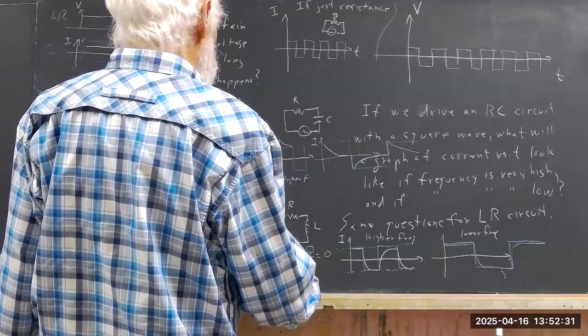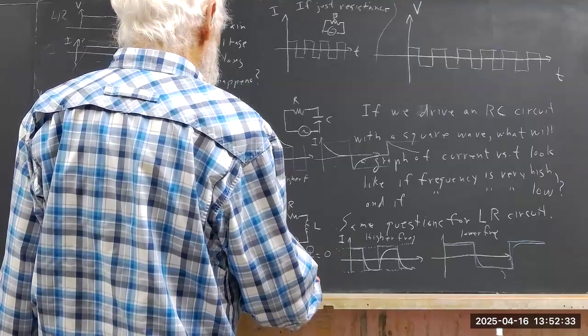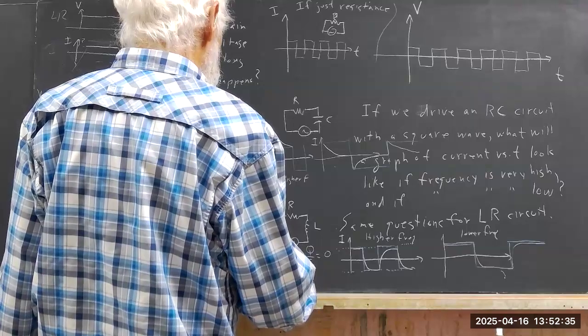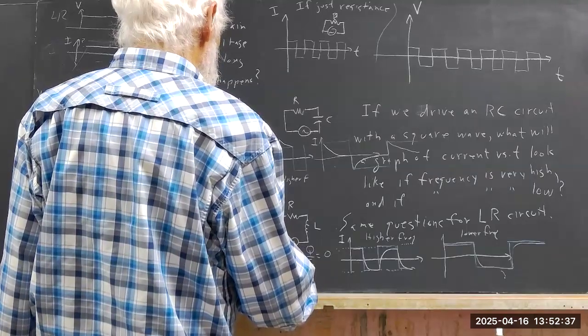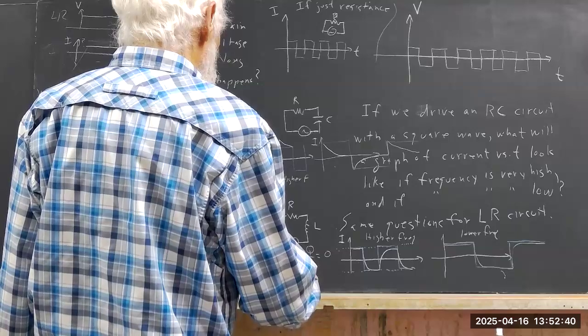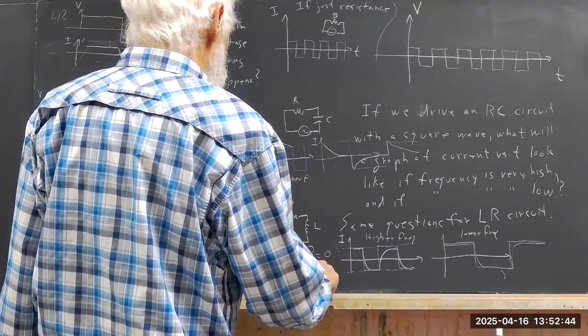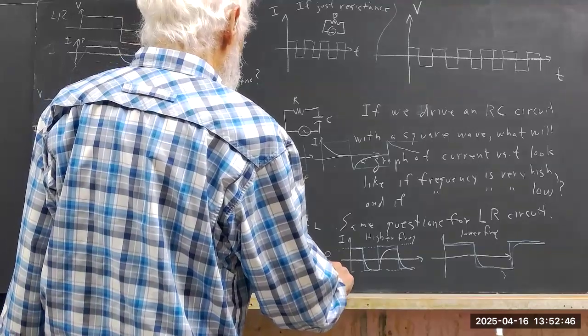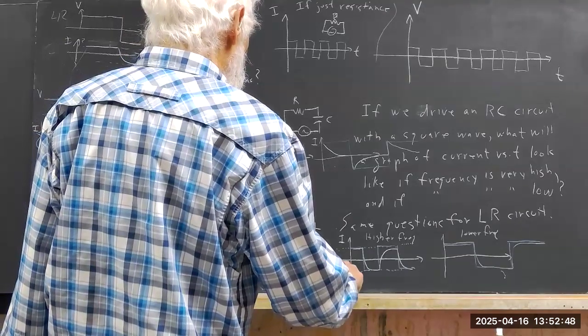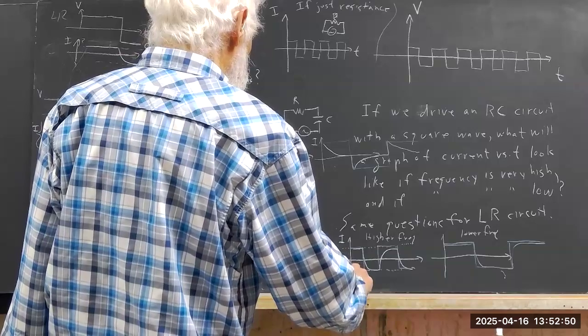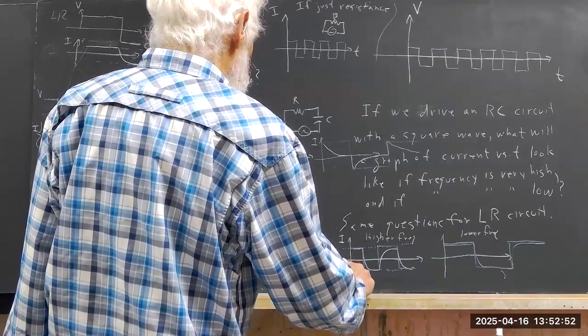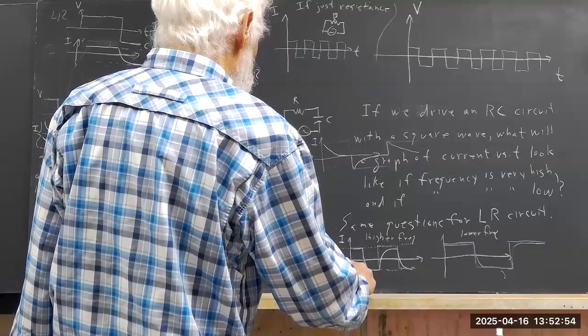So you've got this, which is R dq/dt, et cetera. You're going to get an e to the negative t over RC.